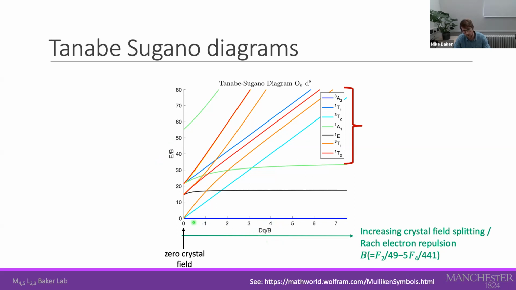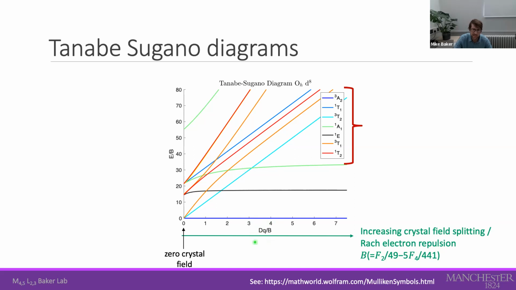Here on the x-axis is increasing crystal field. At 0, this would be zero crystal field. So energy splittings at 0 on the horizontal axis are just due to electron-electron repulsions. Then as you increase Dq, the crystal field splitting, this is splitting induced by that crystal field.